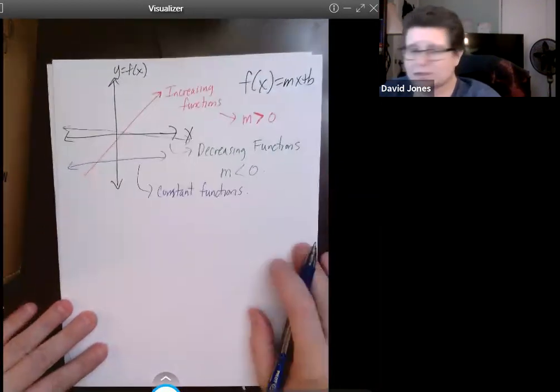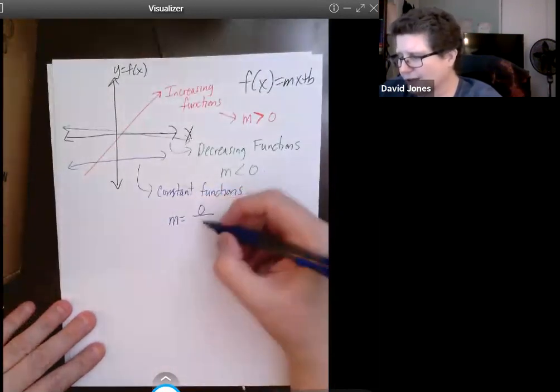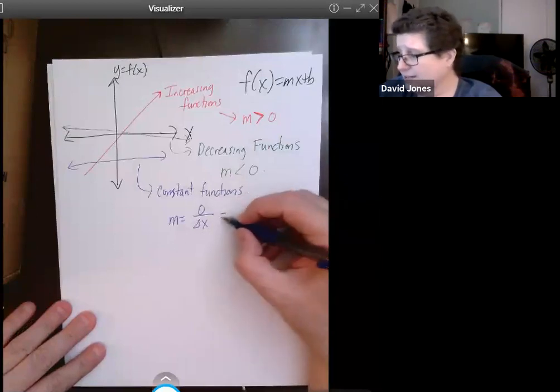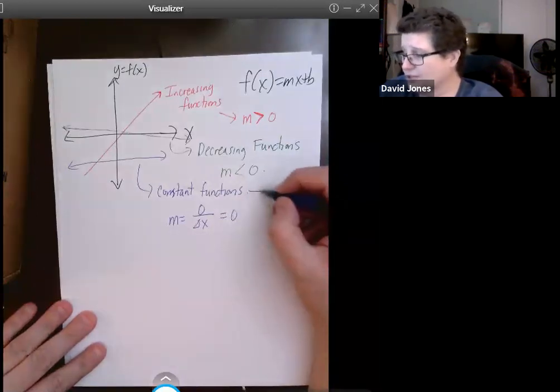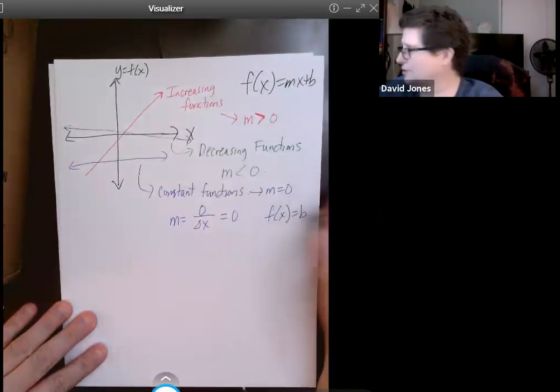What's going on with the slope here? We have 0 rise over a change in x. 0 divided by any value is 0. Constant functions have a slope of 0. f of x just equals the y-intercept.